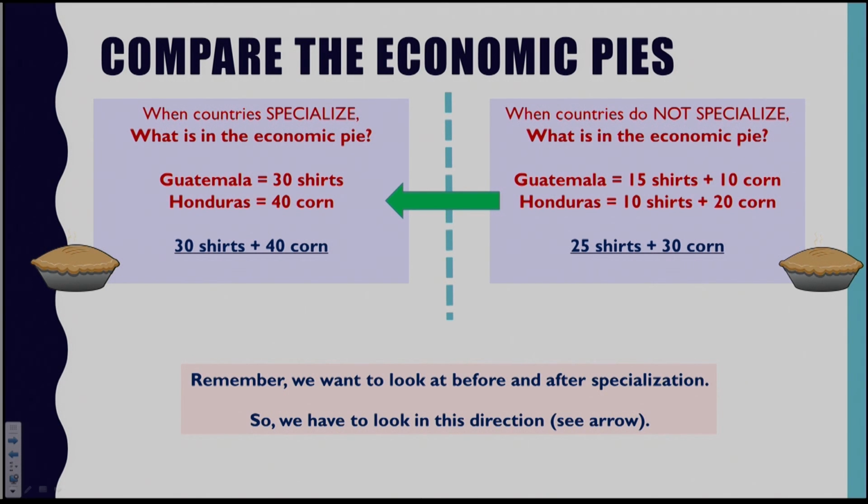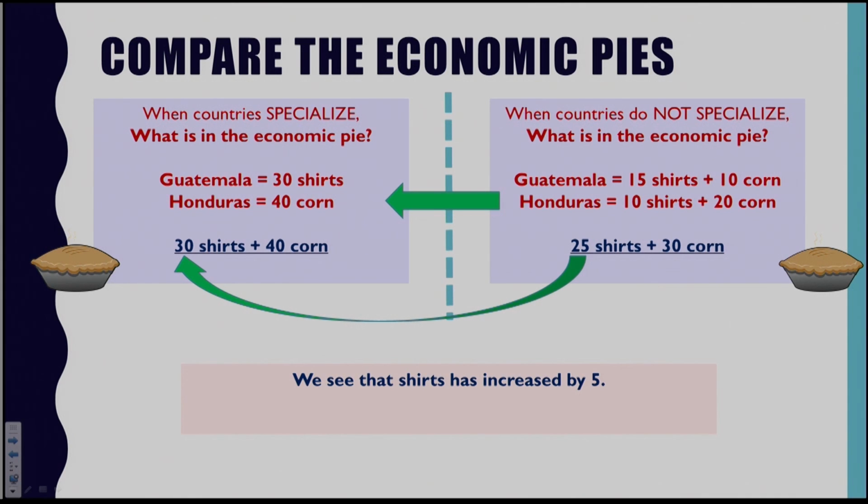Before and after. On a test, I may change it up in terms of which question I ask you first. It's your job to remember we want to go from not specializing to specializing, all right? So, before specialization, 25 shirts plus 30 corn. After specialization, 30 shirts and 40 corn. Make sure you're looking in the right direction.